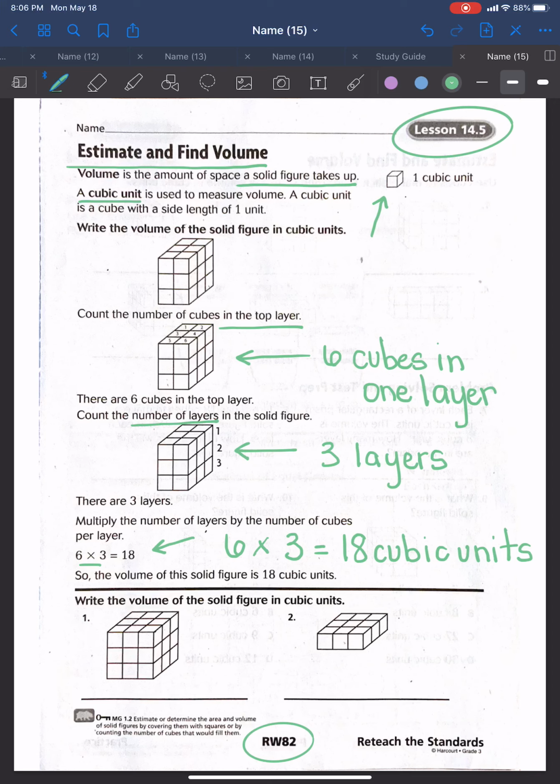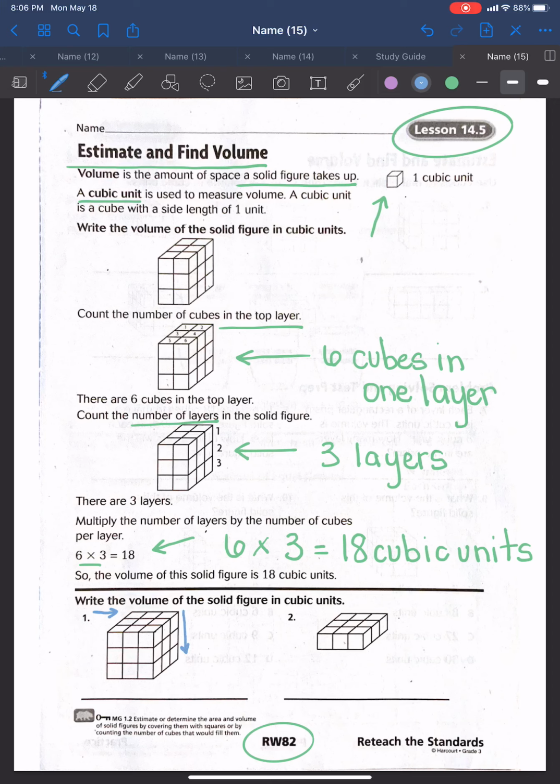All right, let's do a couple together. Let's look at number 1. Remember, we are taking the number of cubes that are in 1 layer times the amount of layers there are. So let's go ahead and zoom in so it's a little easier to count.